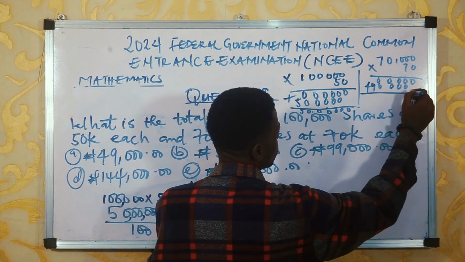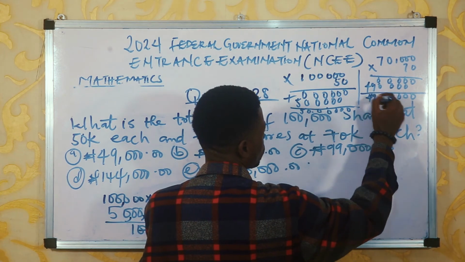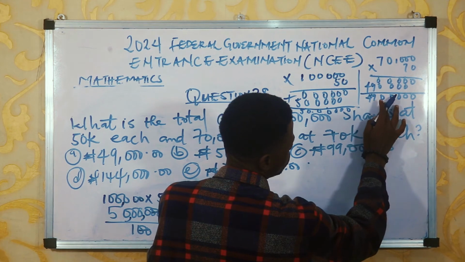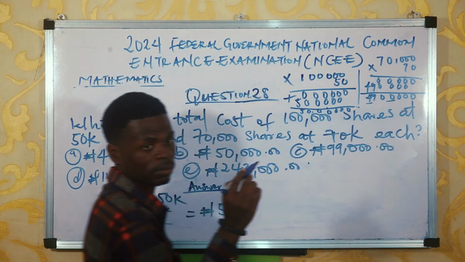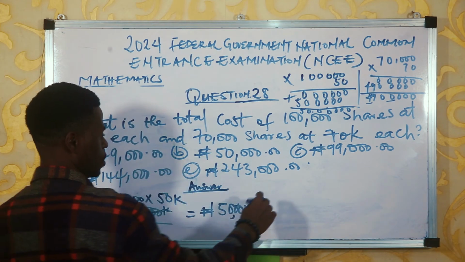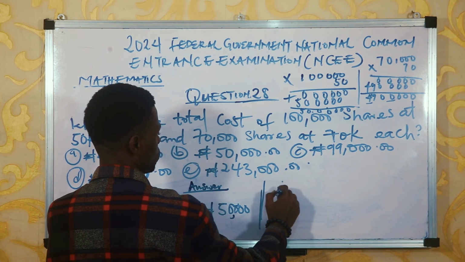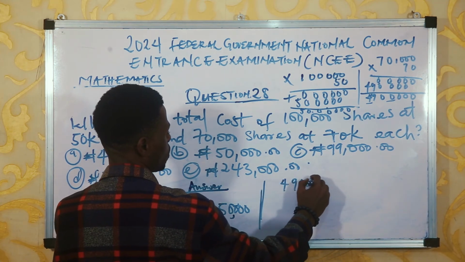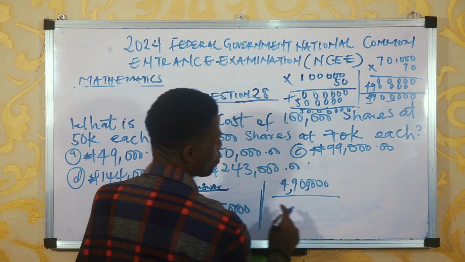So we have 0, 0, 0, 0, 9, 4. That's 4 million, 900,000. That's 4,900,000.